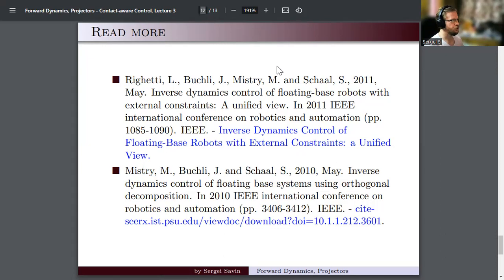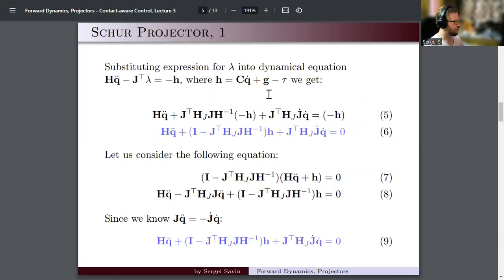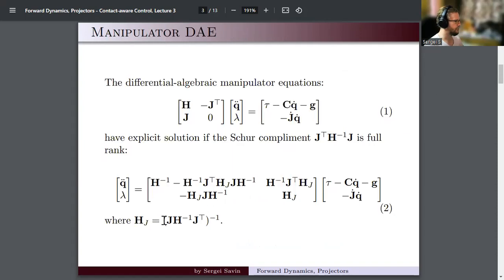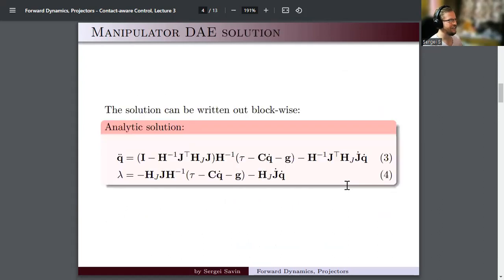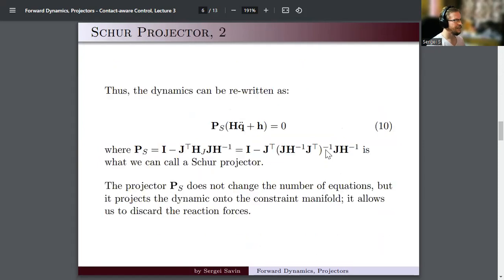That's why I put Schur projector, to emphasize the role of the Schur complement that is essential when we derive an analytical solution. But hopefully later some people will decide to call it after the scientists who popularized or derived this approach, right? Okay, so Schur projector, this guy.